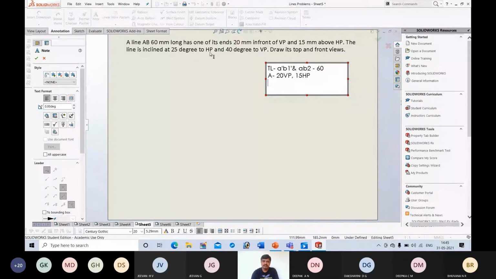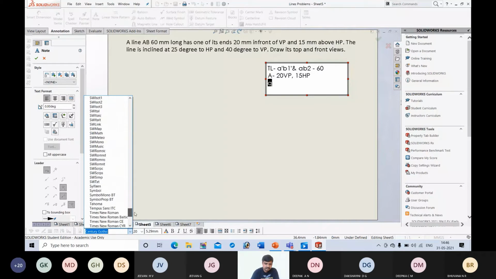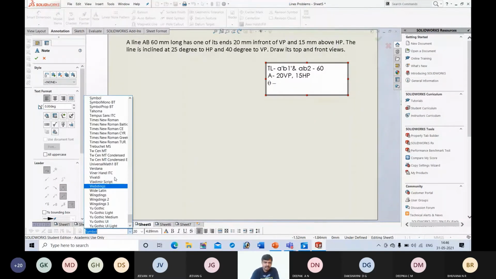The true inclination with respect to HP is denoted by theta. So we know the true inclination, that is 25 degree.